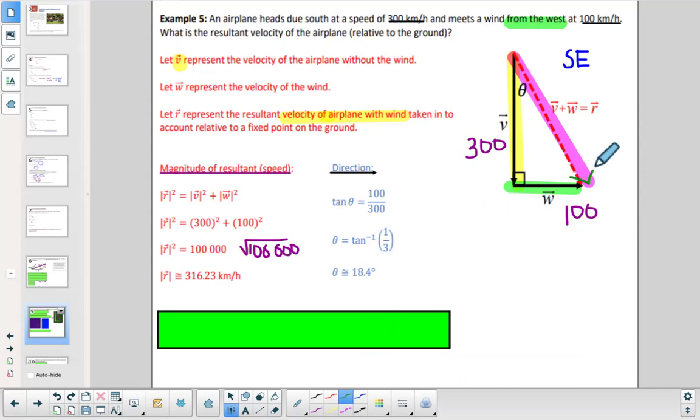My resultant is in this direction, so the starting angle is over here. So when I'm labeling my triangle according to this starting point angle theta, then the 100 is actually going to be my opposite. And the 300 represents my adjacent.